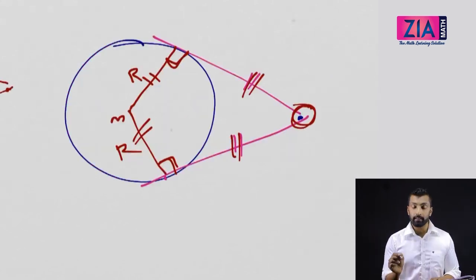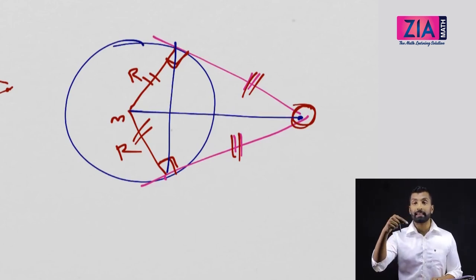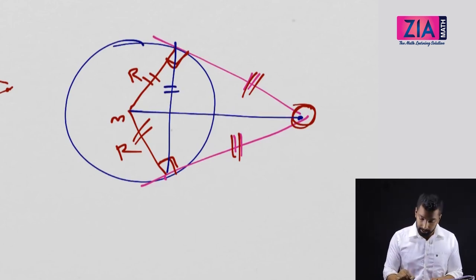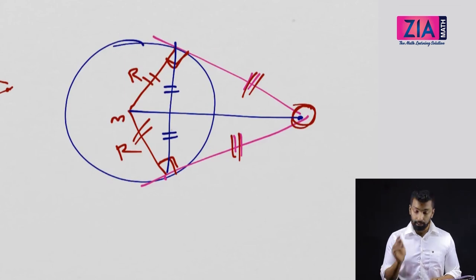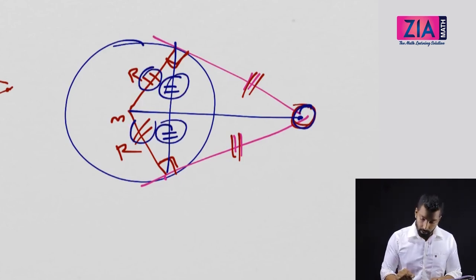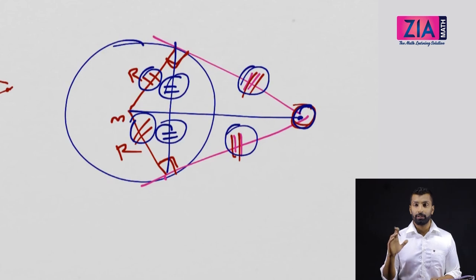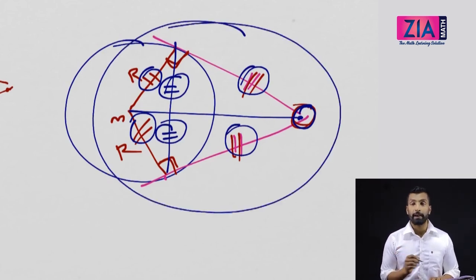One more point is, if you drop the diagonal, one diagonal is a perpendicular bisector of the other diagonal. So this and this are equal. This is also going to be very useful. So from this external point, you got a kite. From that, you know these two are equal, these two are equal, and these two are equal. Now if you get at least one, it is going to be very easy for you. So just keep this in mind. Here the diagonals are angle bisectors as well as perpendicular bisectors. Okay, so we will see that.